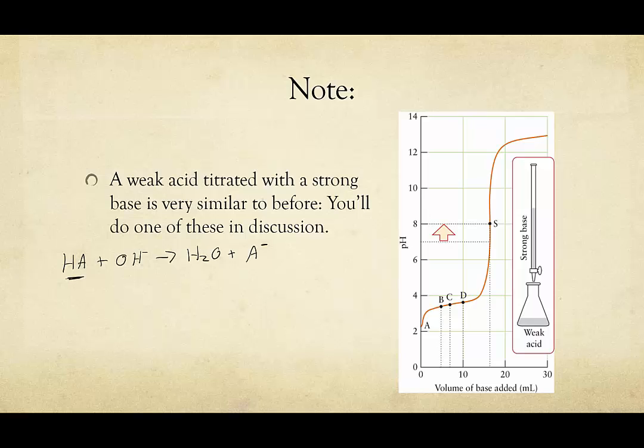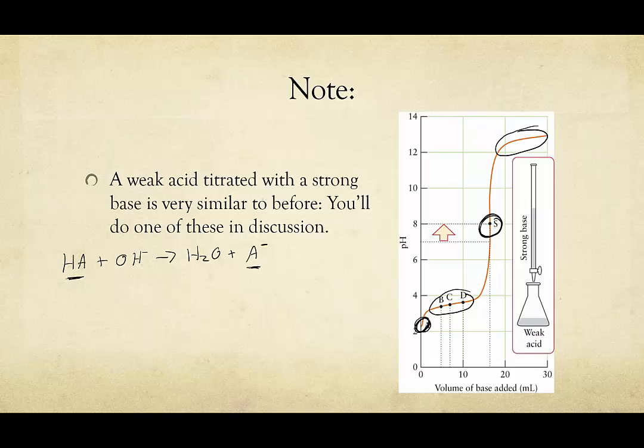Here you'll have a weak acid problem, here you'll have a buffer problem, here at your equivalence point you'll have a weak base, and here you'll have your strong base problem.